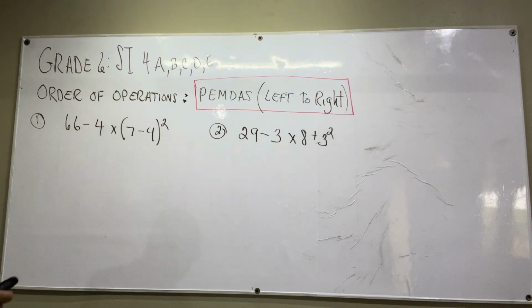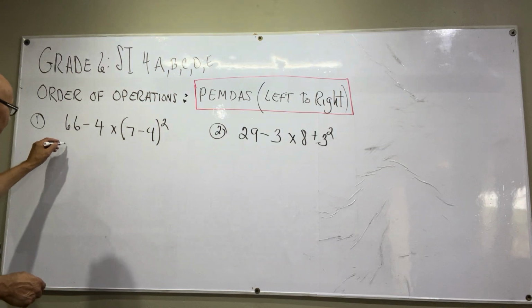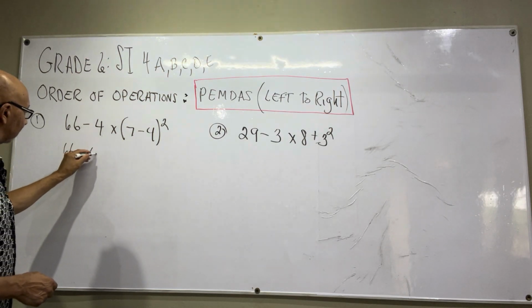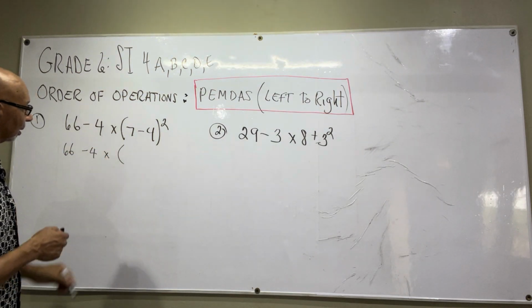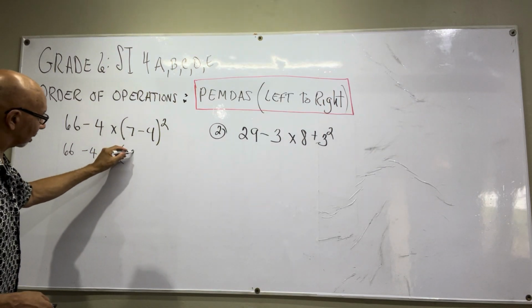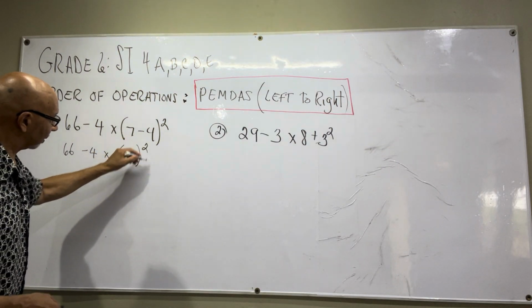So we're following the system: parentheses, exponents, multiply, divide, add, subtract, from left to right. So the first thing this tells us is we have to eliminate or deal with the parentheses. So to do that, we would have 66 minus 4 times 7 minus 4 is 3 squared.